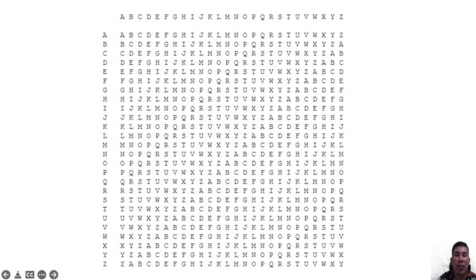The second row is a shift of one, which starts with B and goes towards A. The third row is a shift of two, which is now C towards B. And look at the last row: it's a shift of 25, which basically starts with Z towards Y. That's how it was created by Blaise de Vigenere. So it's basically a fully alphabetic cipher encryption.